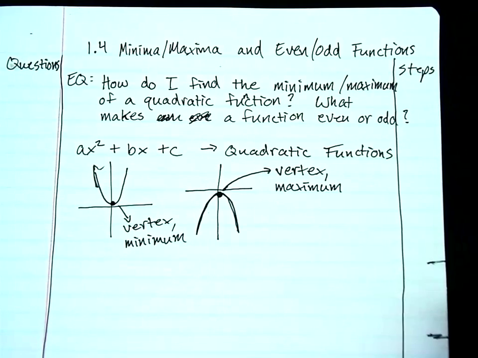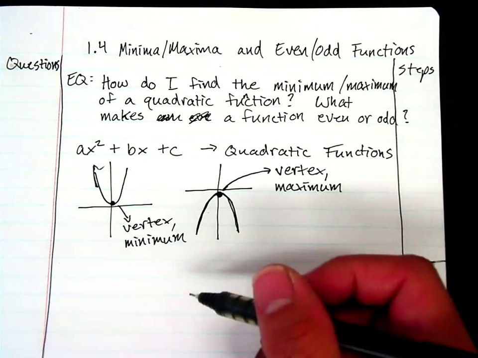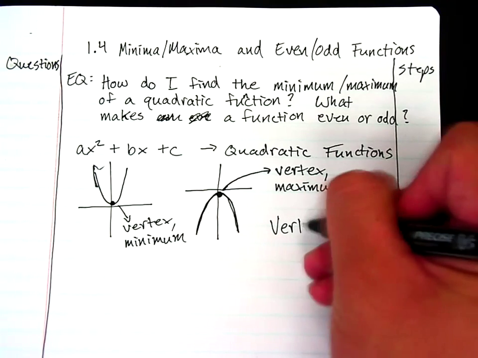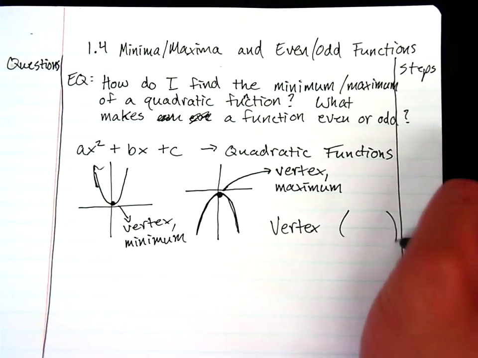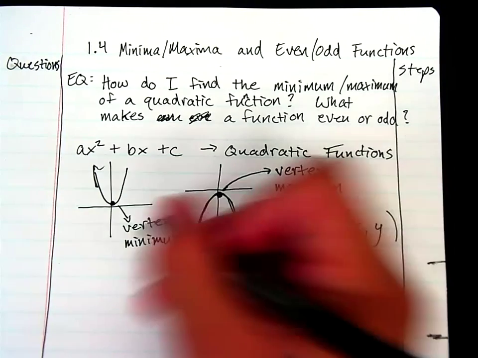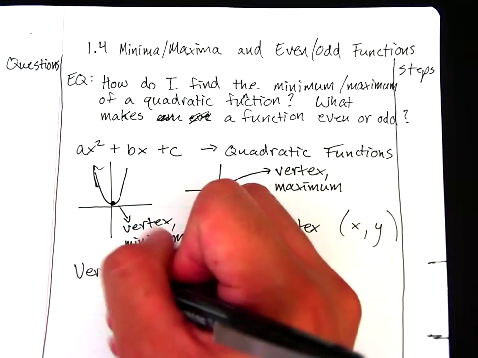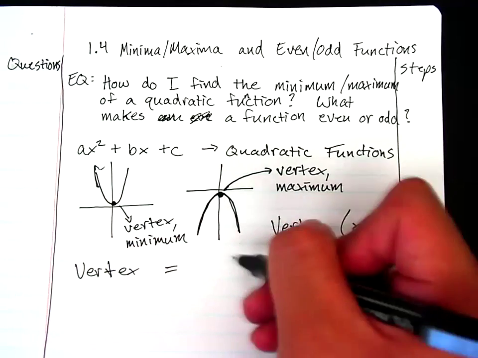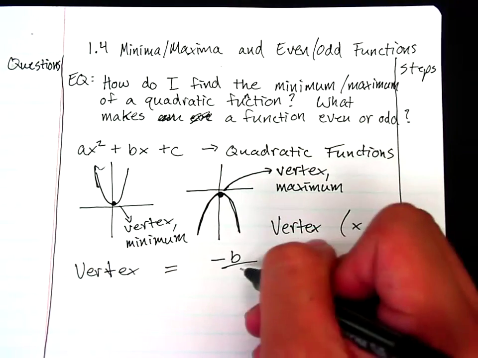Because we want to focus on the ability to solve for these algebraically, we're going to try to recall how to find the vertex of parabolas. If you remember, the vertex is written as a coordinate point, x, y. The x value is calculated using a very special formula. For those of you shouting it out, it is indeed negative b over 2a.